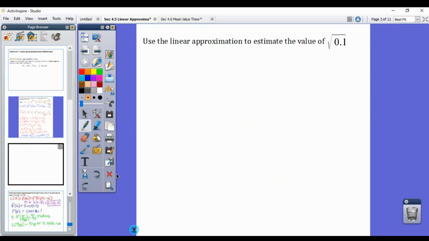Okay, so I'm still going to be using the same formula from the previous example, one half x plus one half.